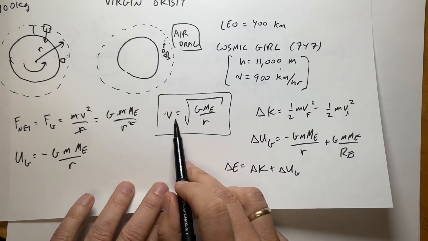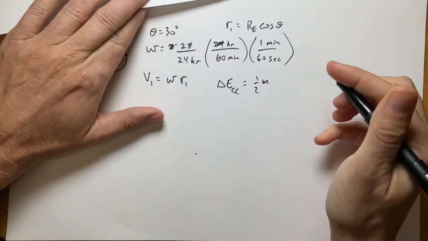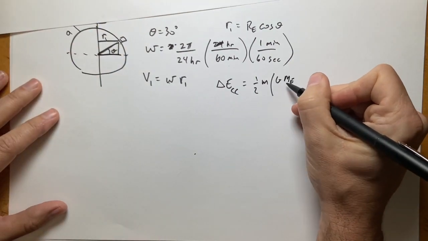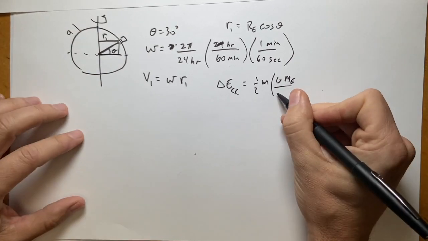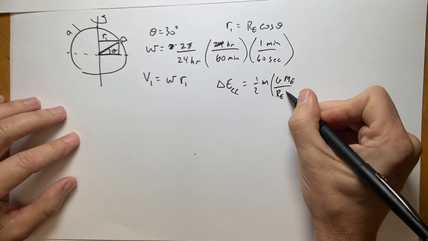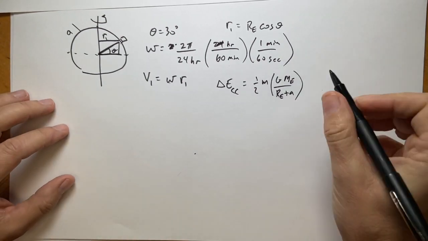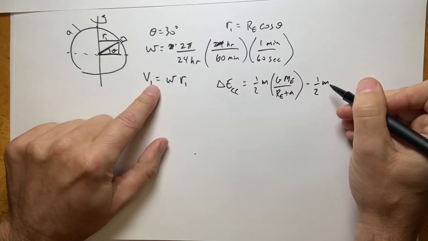But remember, v squared is just G times the mass of the Earth over the radius. The orbital radius is going to be RE plus A. That's it.